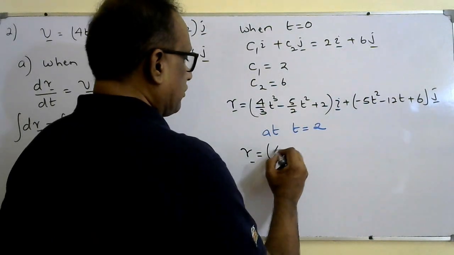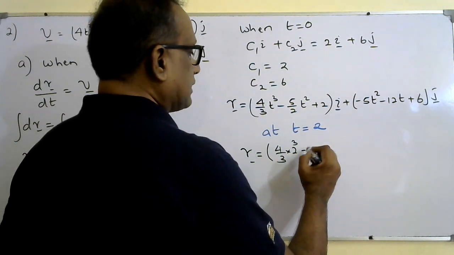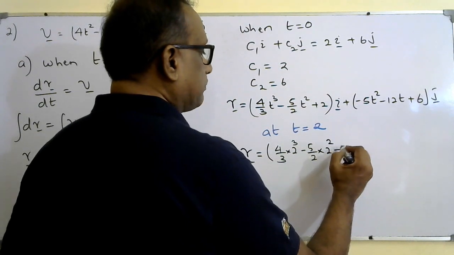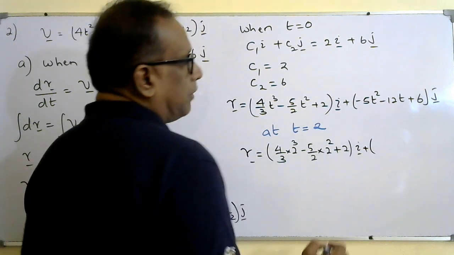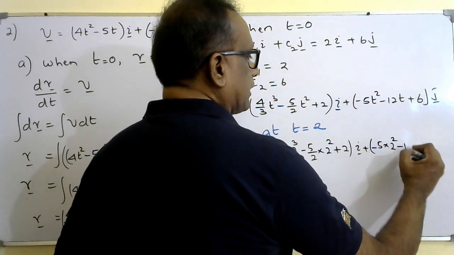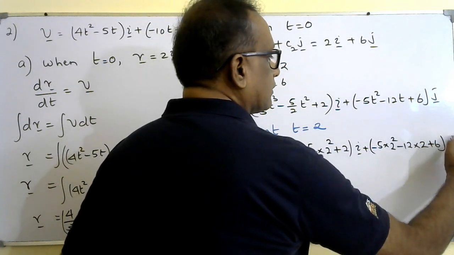So that is 4 by 3 times 2 cube minus 5 by 2 times 2 square plus 2 i plus minus 5 times 2 square minus 12 into 2 plus 6 j.